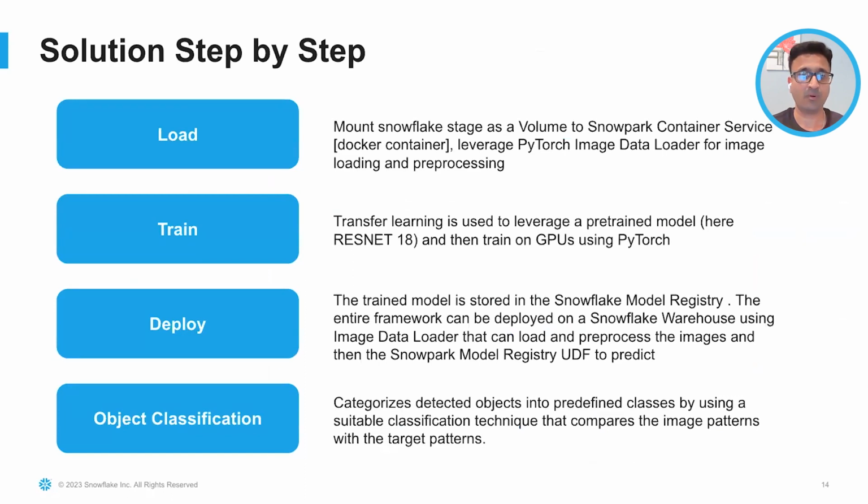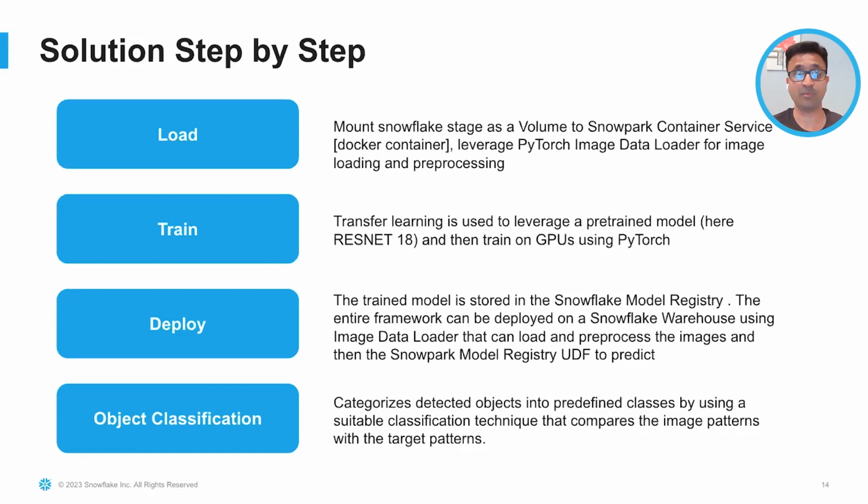To recap, what we are going to achieve is 4 salient steps. One, how do you load the data, which is the images in this case? The second is how do you train a model using PyTorch or any of those deep learning frameworks on Snowpark Container Services using the power of GPUs? Once you have trained, you want the ability to deploy it anywhere you want.